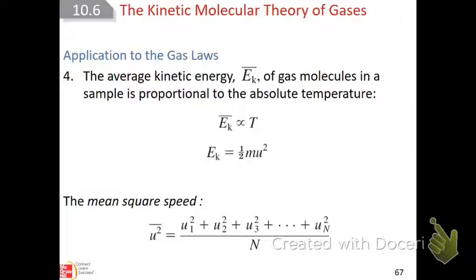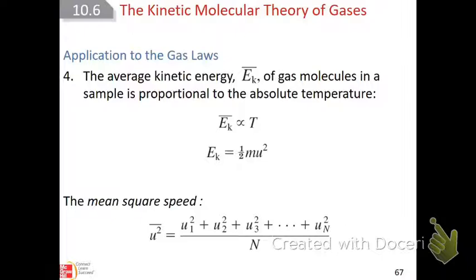That is the Kelvin temperature. And so you can use the physics definition of that also. The kinetic energy is equal to half the mass times the velocity squared. That is the kinetic energy formula right there from physics.